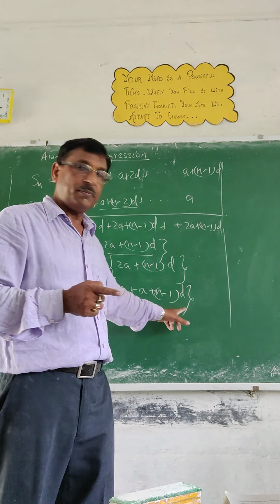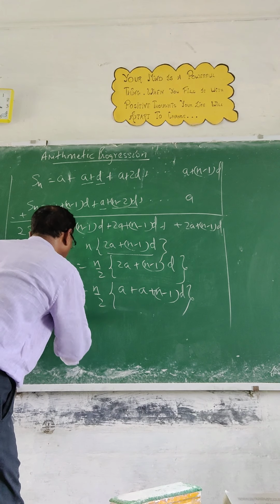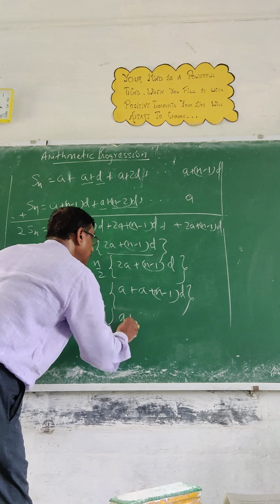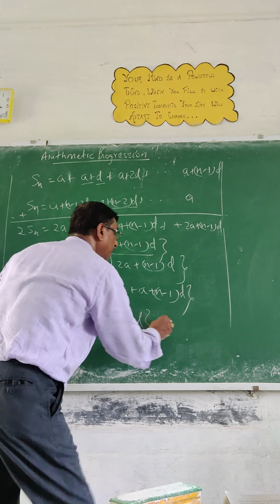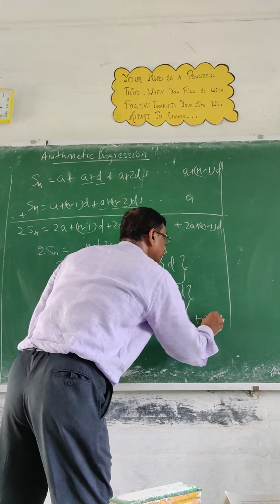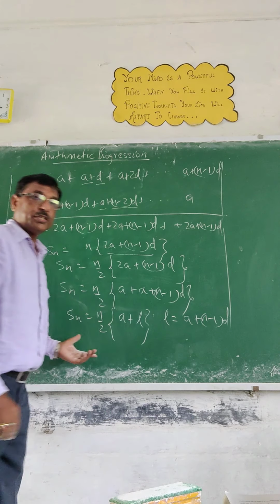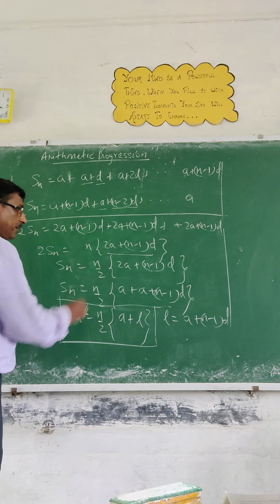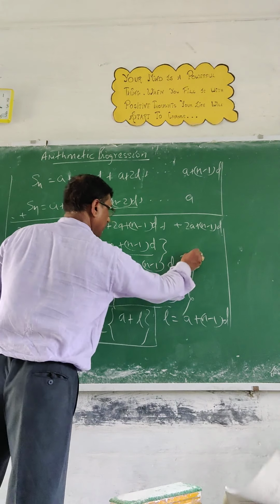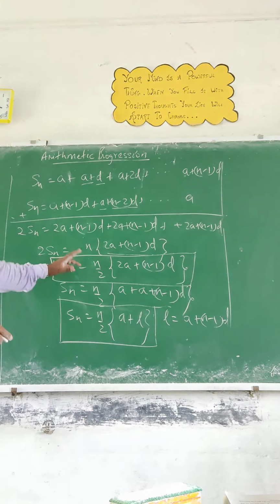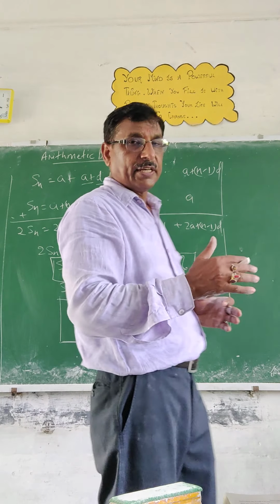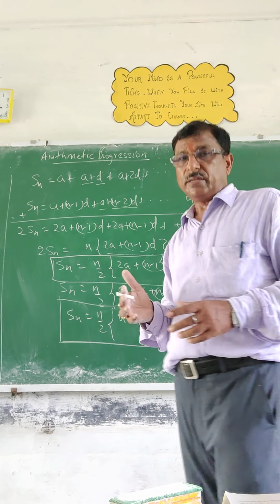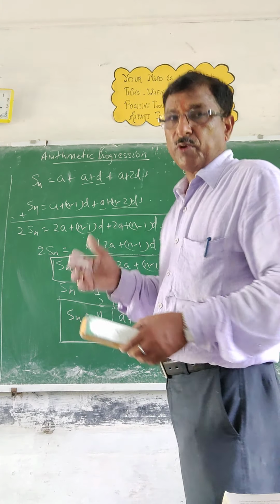So you replace this term by L. Sn is equal to n upon 2 times (a plus L). So can you see, children? This is the second form, and this is your first form. Okay? So you get the formula of Sn in two different forms. This is the proof. Now we will apply this formula in questions.